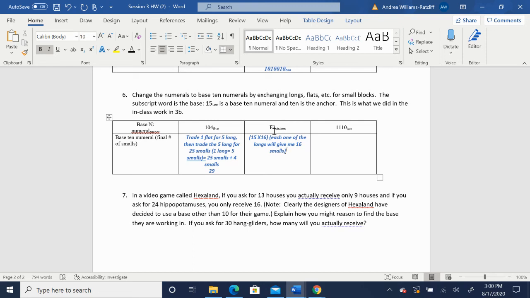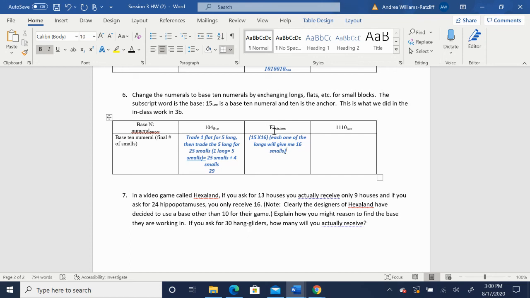So if I wanted to calculate that, 15 16s, I could do the multiplication. That would work. I also could just manipulate that using paper and pencil, or I could draw it out. So what have we said here? We've got 15 longs, and each one will give me 16 smalls.